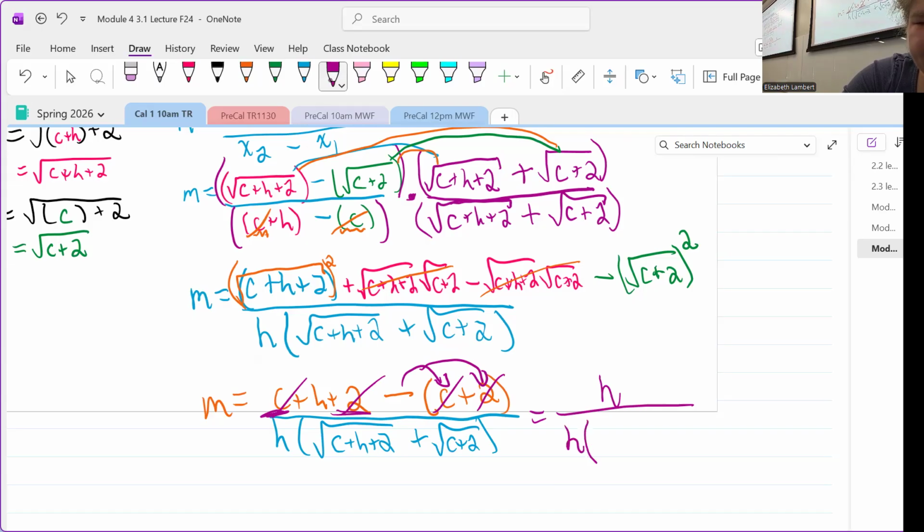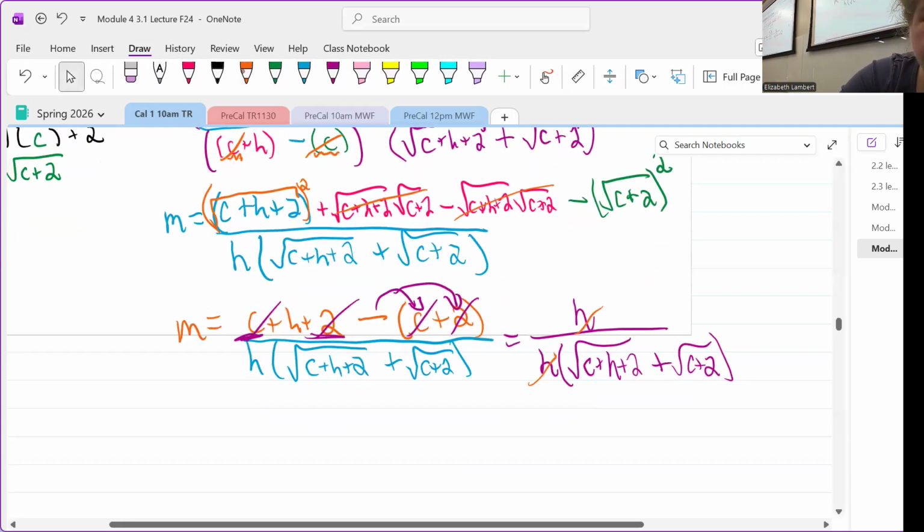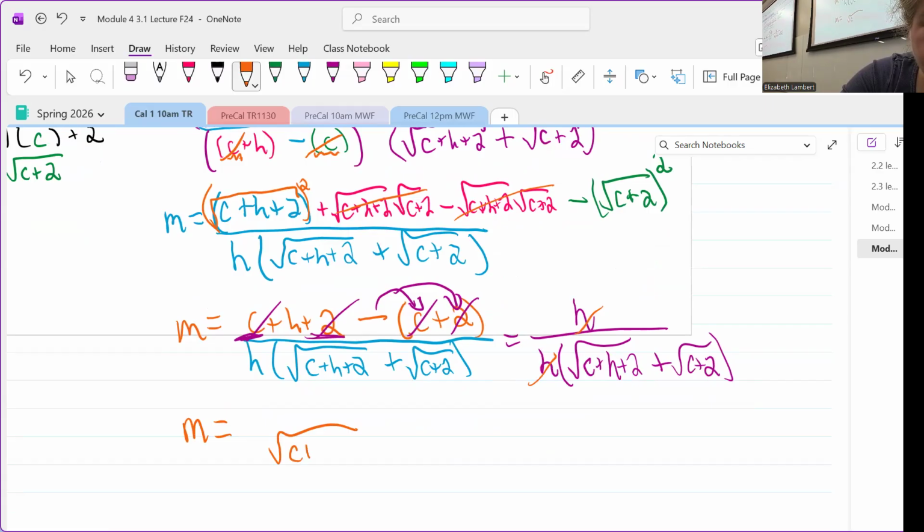And aha, there's that h on the bottom. So those h's cancel, and we end up with a final result of the square root of c plus h plus 2 plus the square root of c plus 2.